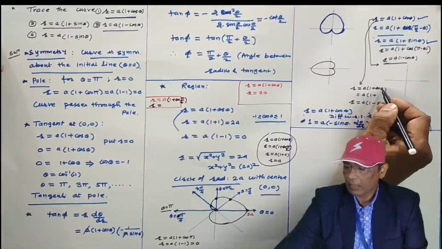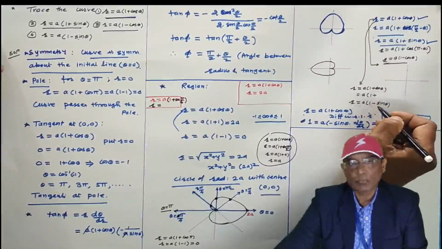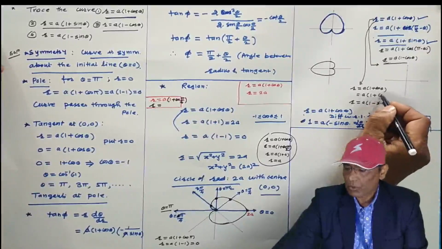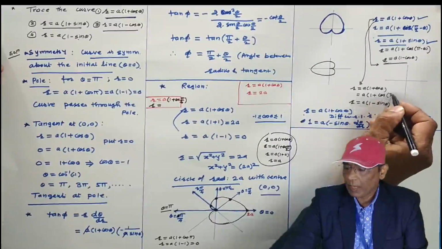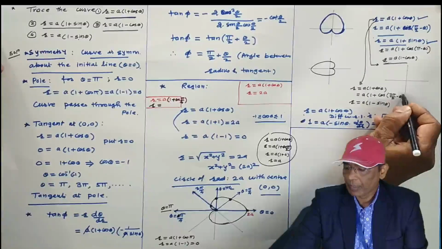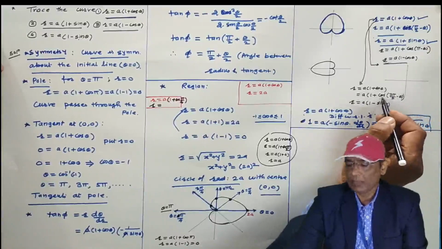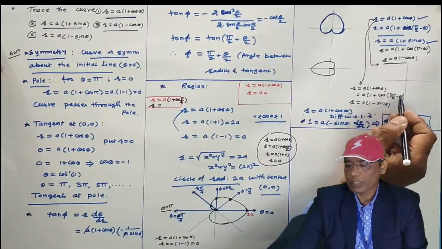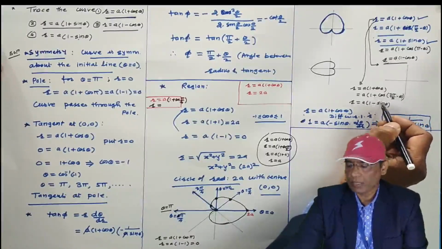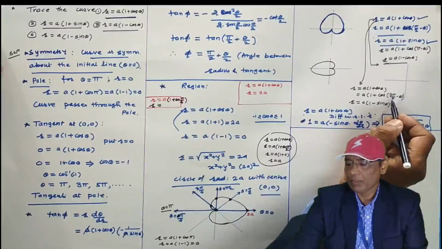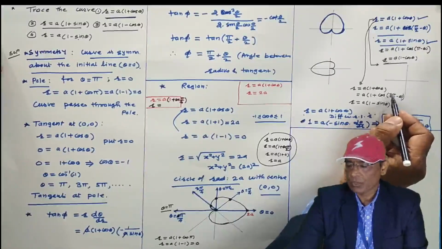From cos theta I have to reach minus sin. Cos of (3 pi by 2 minus theta) is minus sin theta. If you expand by the formula cos(A minus B), you will get minus sin theta, because cos 3 pi by 2 into cos theta is 0.